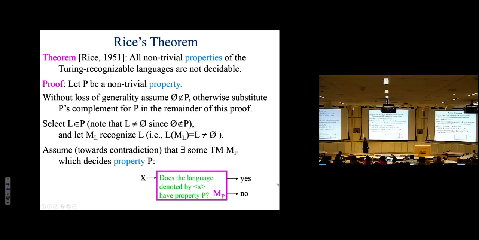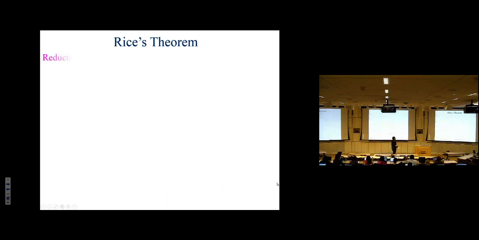It's deciding the property P. It always says yes or no. Towards contradiction, we'll see that can't happen. And we already mentioned, what does it mean to specify a language? How do we give this oracle, this black box subroutine, a language on a silver platter? Well, either give it the grammar, or the Turing machine, or the English description. There's lots of ways to do it.